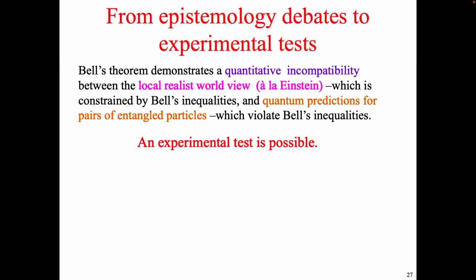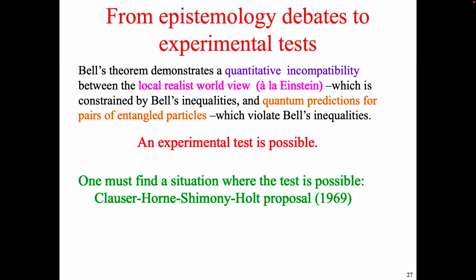So now, experimental test. An experimental test is possible, but one must find a situation where the test is possible. I showed you one with the photon polarization and the angle pi/4, but this was found by Clauser, Horn, Shimony, and Holt. The initial paper of Bell was more a paper of a theorist.